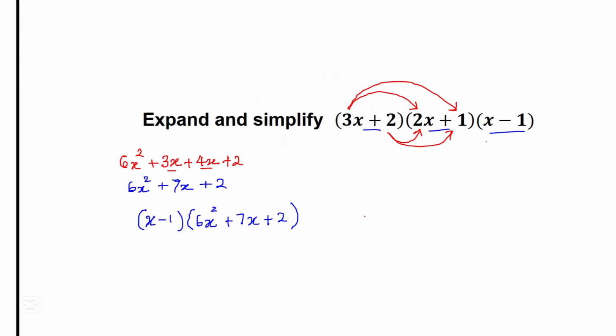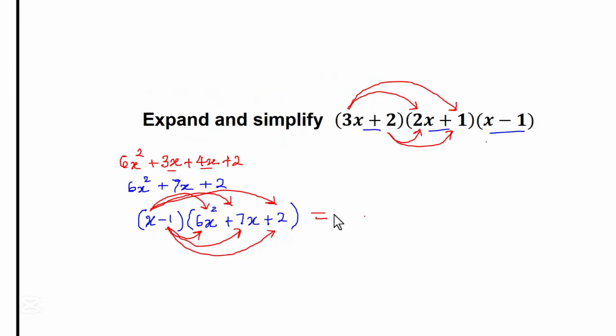Now, to expand this, we multiply the first term inside the first bracket, x, by 6x squared. x will also multiply 7x, and x will multiply the constant 2. Then after multiplying with x, we can multiply the second term, negative 1, by 6x squared, multiply negative 1 by 7x, and then multiply negative 1 by 2.